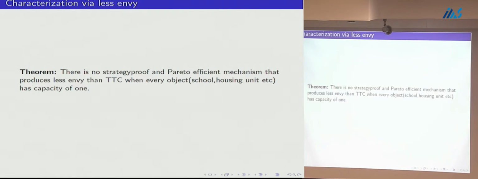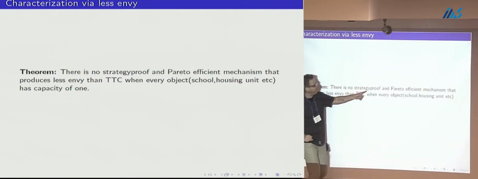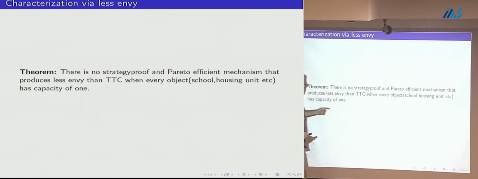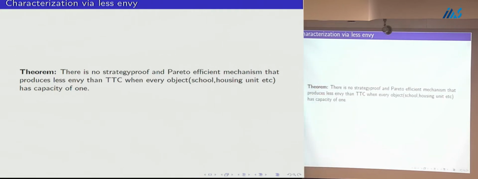This result was obtained by Olivier Tercieux originally, which was based on an earlier result by us. And here is the result. There is no strategy-proof and Pareto efficient mechanism that produces less envy than the top trading cycles mechanism, given the priorities.